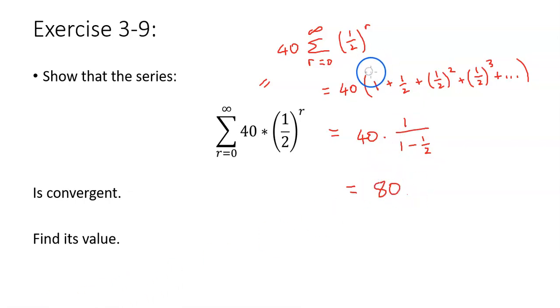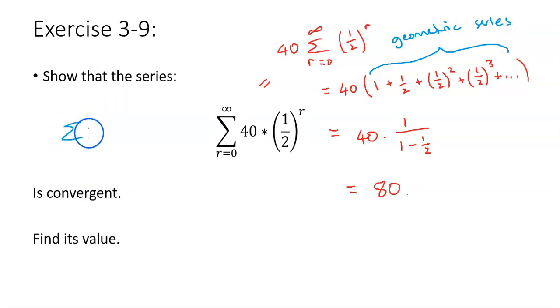Just in case you forgot what that is, or you really shouldn't have, this is the geometric series. That is a sum of the form, let's use a different letter here, let's use k, because normally we use r, actually.